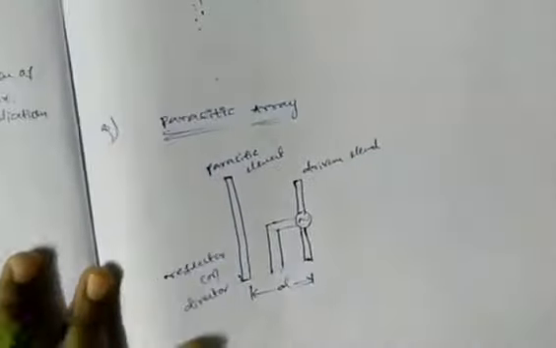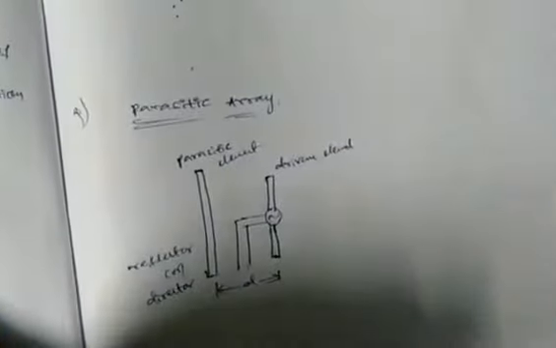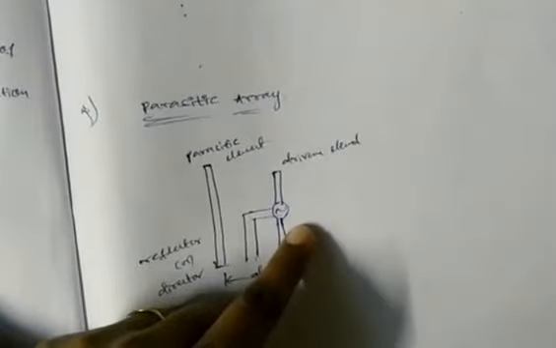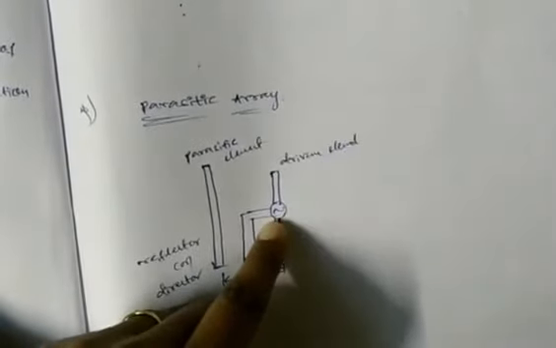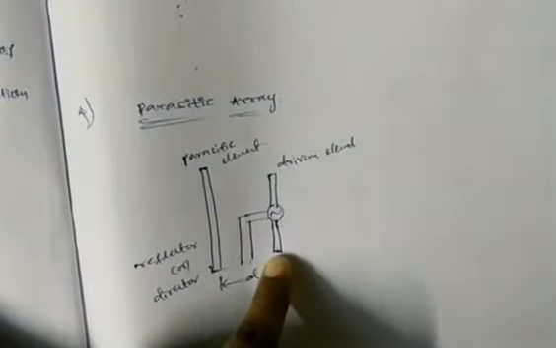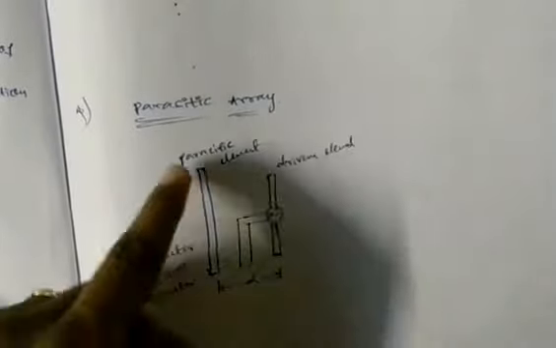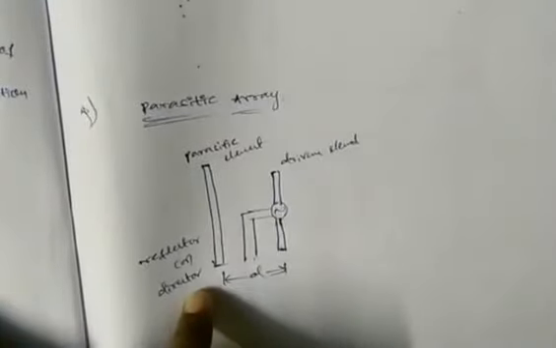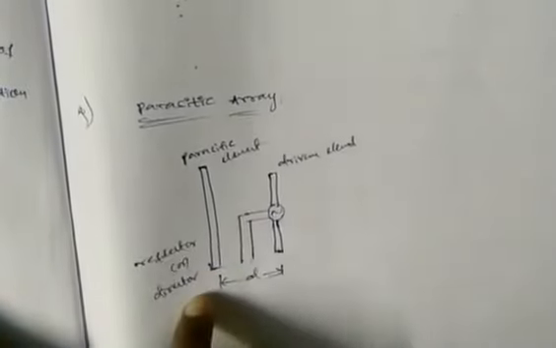And coming to the parasitic array. In the parasitic array, basically we use two elements. One is the parasitic element and the other one is the driven element. The driven element is connected with the source, and EMF is induced in it. The current is produced in the parasitic element. The parasitic element is used as a reflector or director.